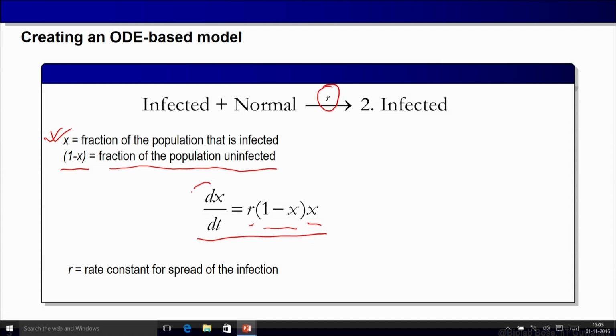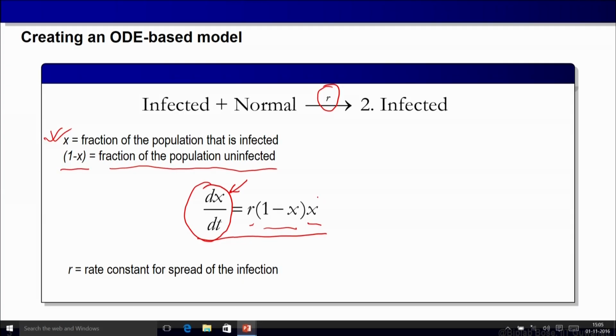So dx/dt, the derivative of x with respect to time, is the rate of spread of the infection. That is, it is showing the rate of change in population of infected persons. It is the rate of change of x.